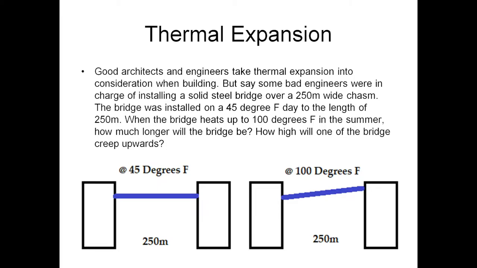If it's more than a few inches, that's going to be a problem. So we've got to figure that out. Again, this is a big example of how not to build a bridge. So, what we know: our starting temperature, our starting length, our ending temperature. We don't know how long it gets, but we'll be able to use some trig to help us with this one.